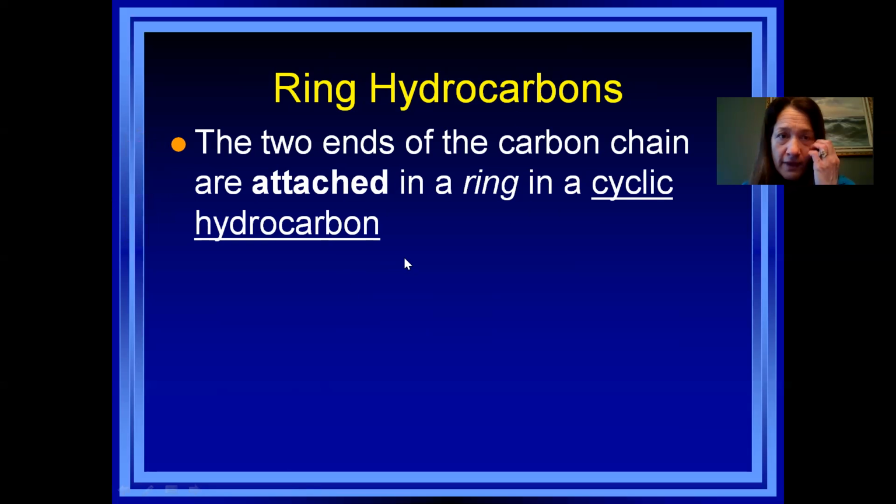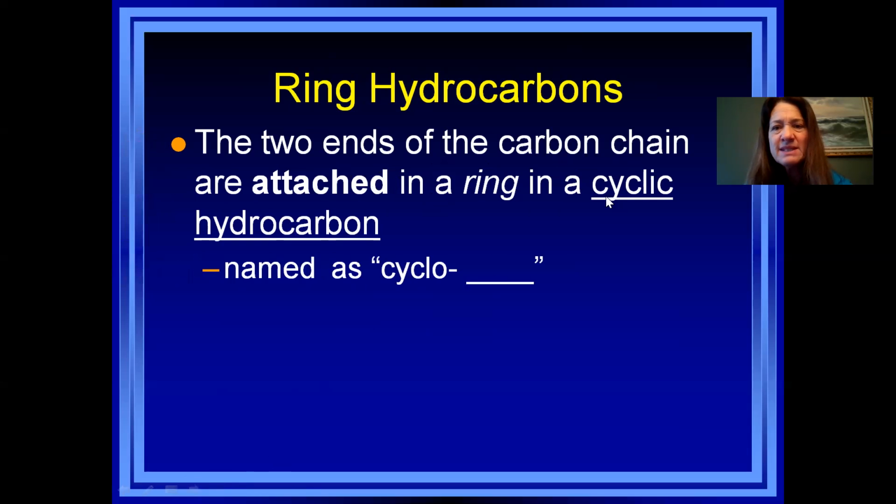So they arrange in the ring, okay? And 2 ends of the carbon chain are just attached, right, into a ring. They call them cyclic. Cyclic means circular, okay, ring hydrocarbons. And you know by their prefix that they're arranged in a ring.